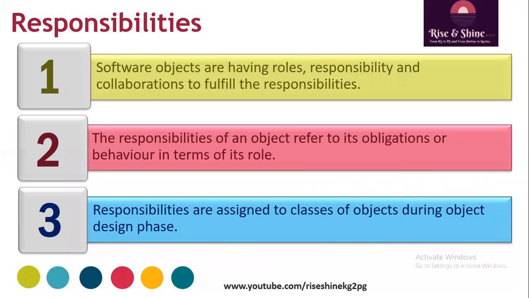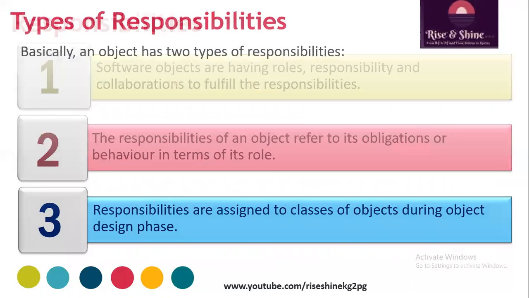Responsibilities are assigned to classes of objects during the design phase. So the design phase, again I am saying, is totally responsibility driven: what the responsibilities are and how we assign them to particular classes or groups of classes.